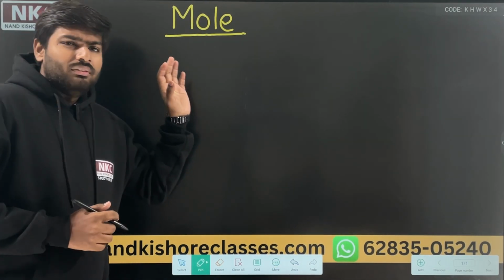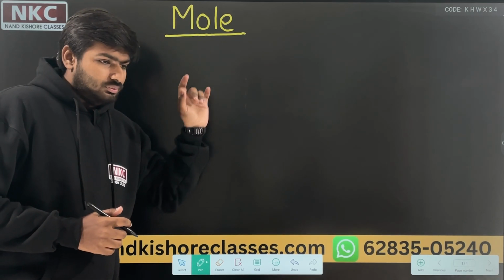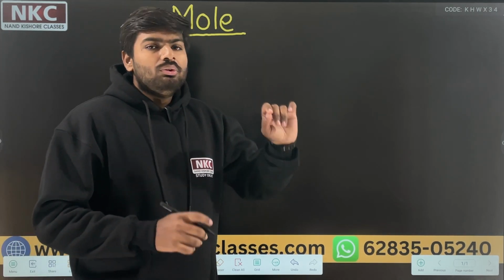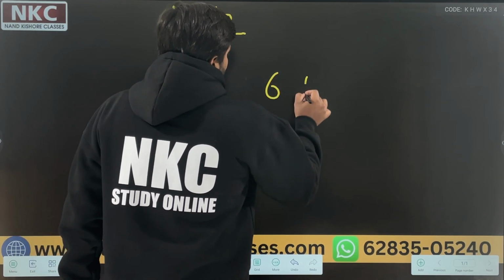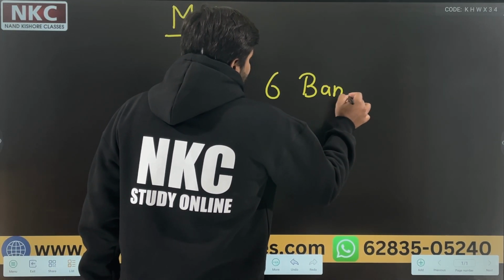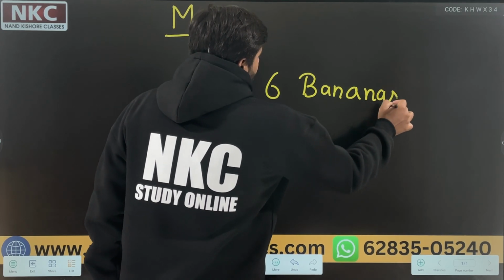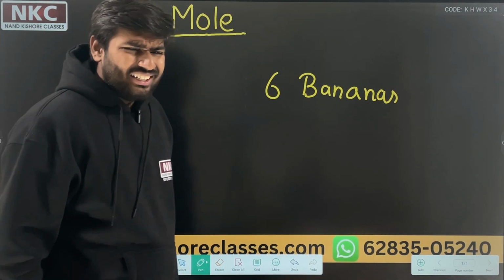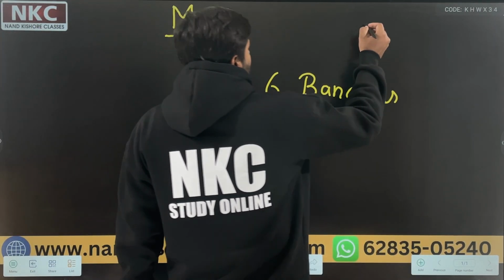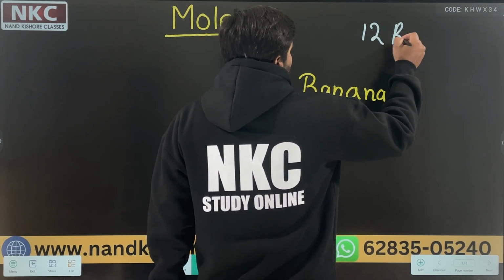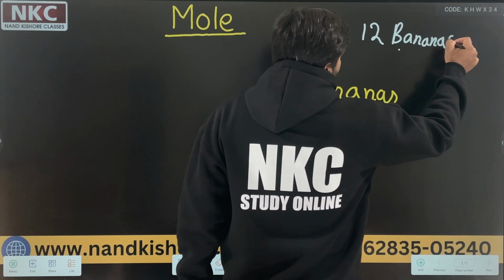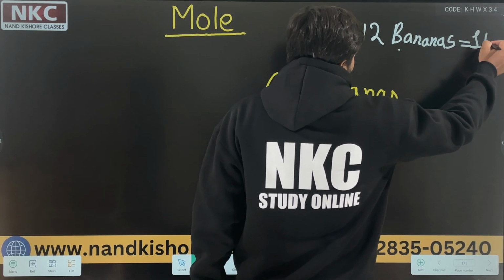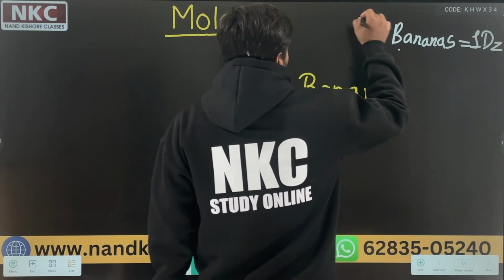See, if we talk about mole, I'm giving you an example. Suppose I have 6 bananas. And for 12 bananas you can use 1 dozen, 1 DZ.